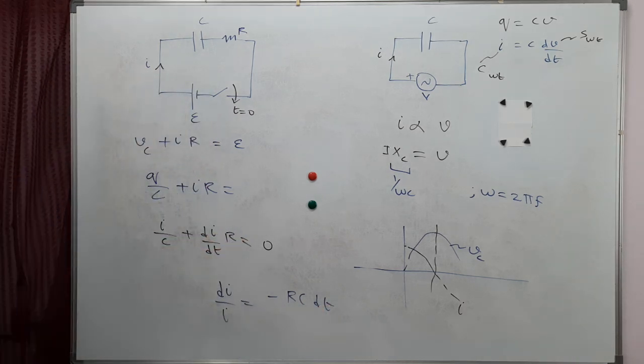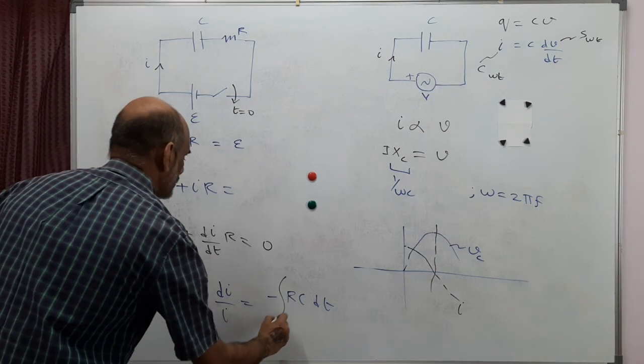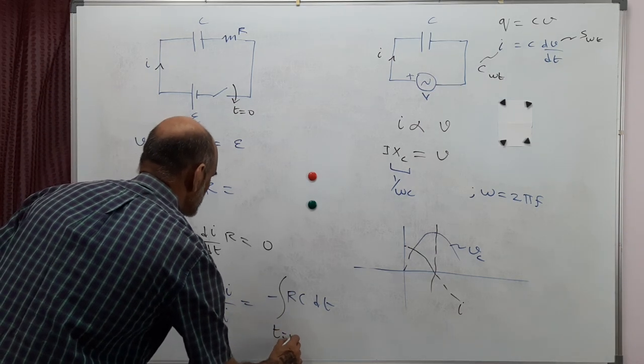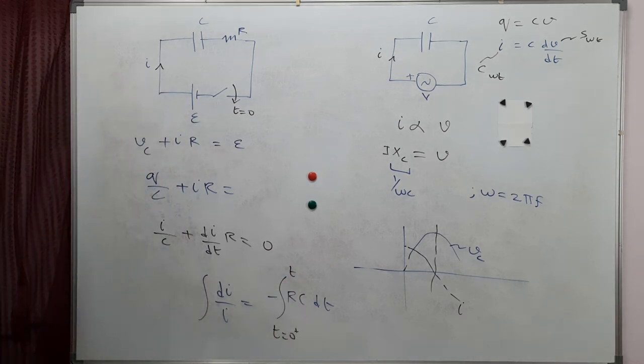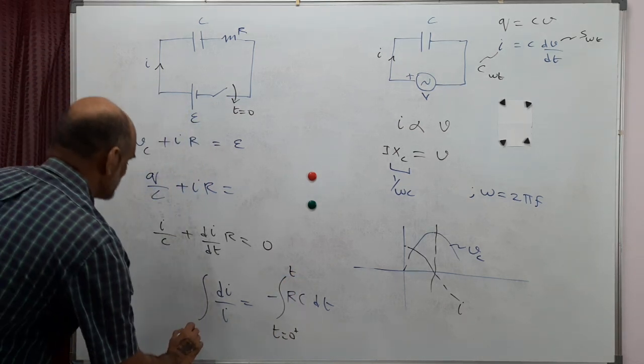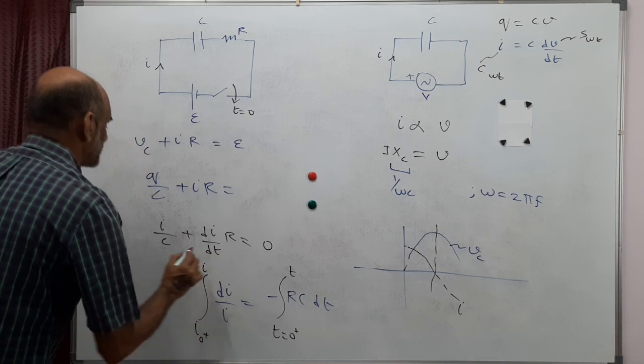Take this term on the right side, bring the current down. Now integrate both the sides from time t equal to 0 plus, that's after the switch is closed, to arbitrary time t, and there will be some initial current to some arbitrary current.